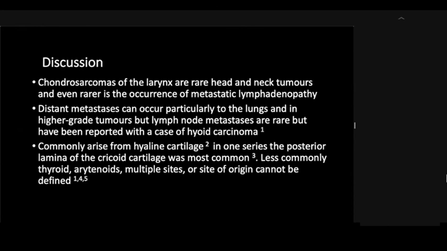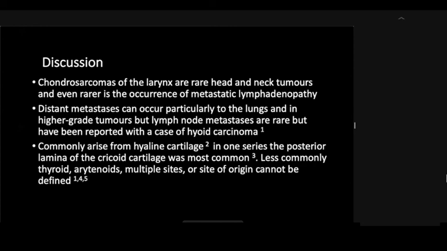Chondrosarcomas of the larynx are rare head and neck tumors, and even rarer is the occurrence of metastatic lymphadenopathy. Distal metastases can occur, but these particularly occur to the lungs and are in higher grade tumors. But lymph node metastases are rare. They've been reported in some case reports in the literature, for example, a case of hyoid carcinoma. Chondrosarcomas commonly arise from the hyaline cartilage, and in one series, the posterior lamina of the cricoid cartilage was the most common origin.